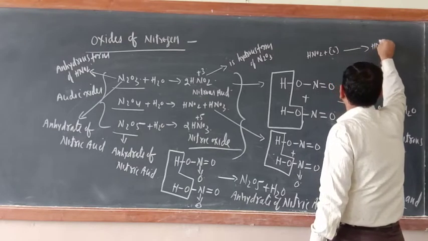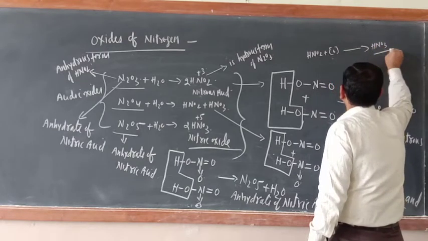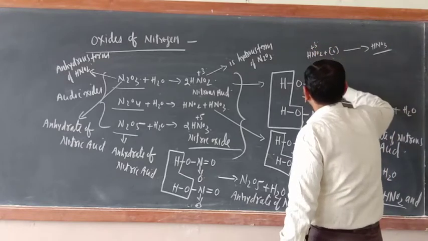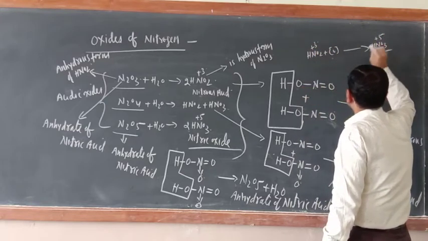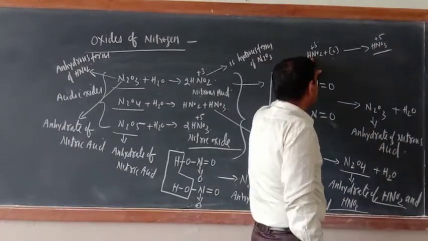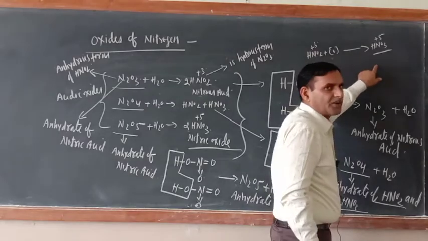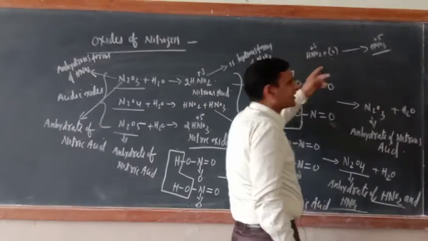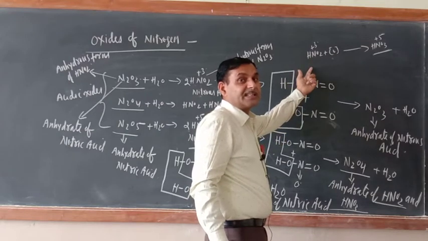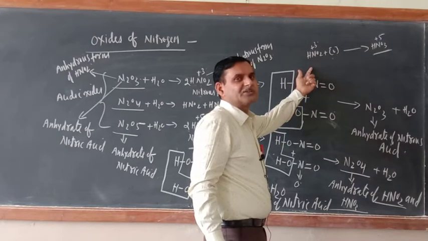So here you will get HNO3, that is nitric acid. Now try to understand. Here the nitrogen oxidation state is +3. Here the nitrogen oxidation state is +5. So nitrous acid is getting converted into nitric acid. So it is undergoing oxidation. That is why it is a reducing agent.